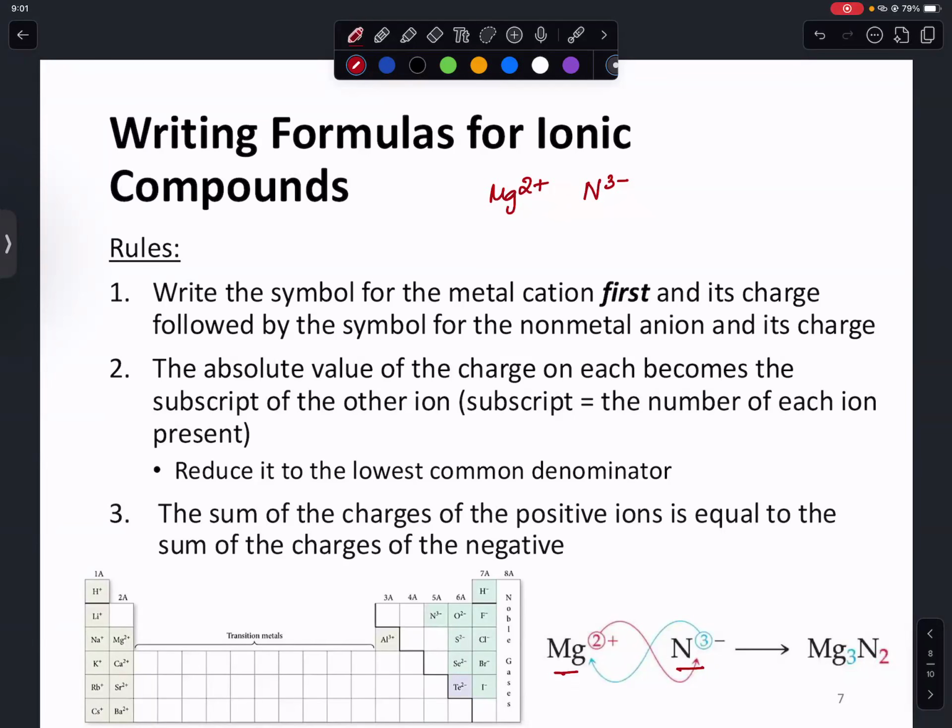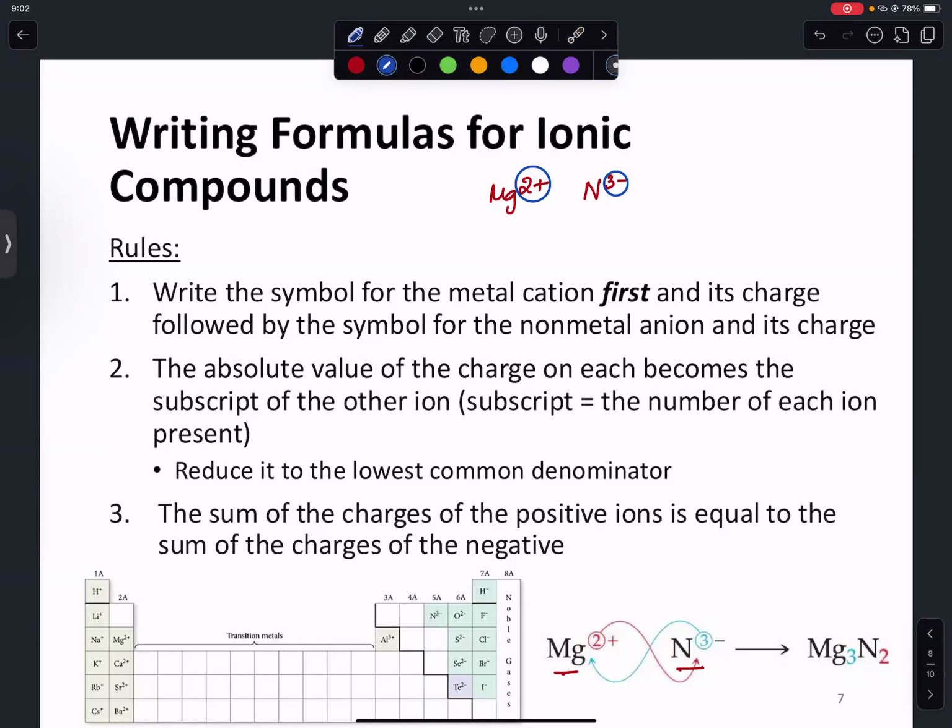So please pay attention. In the crisscross method, the value of the charge for magnesium is 2 plus, and for nitrogen is 3 minus. The absolute value of the charge becomes the subscript of the opposite ion. So if you look right here, the 2 from the 2 plus becomes the subscript of the nitrogen, and the 3 from the 3 minus becomes the subscript of magnesium.